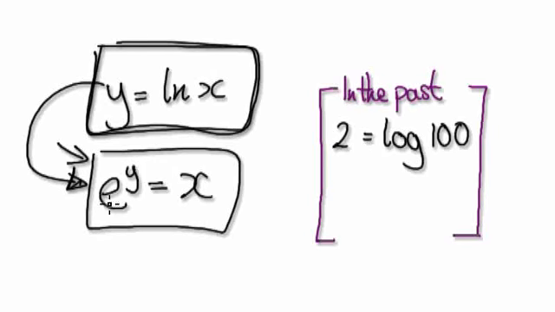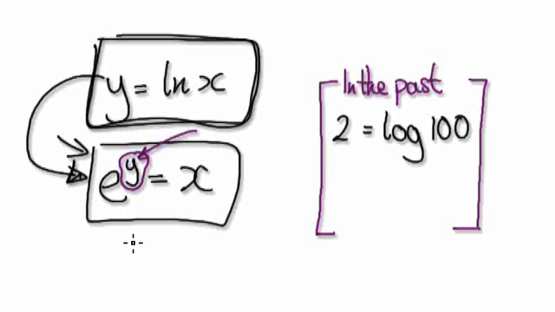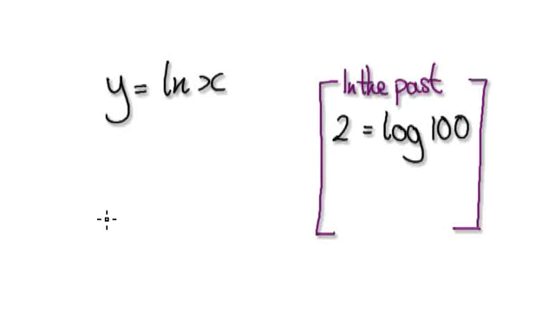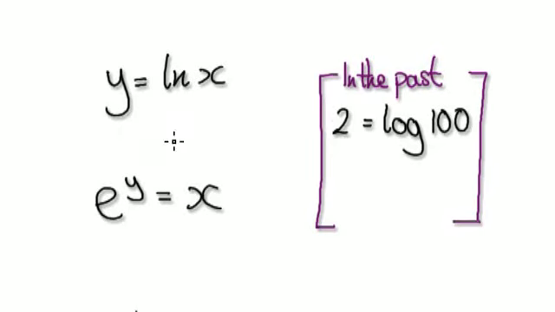Once in this form, we can use implicit differentiation to work out the derivative. Remember that e is to the power of y, and y is a function of x, so we've got to use the chain rule. So at the moment you've got e to the power of y equals x. Implicitly differentiate this, bearing in mind that y is a function of x.